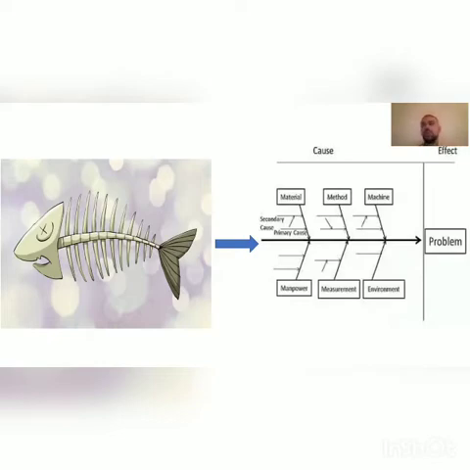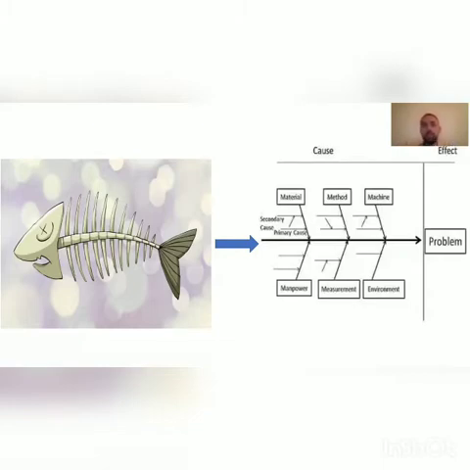We want to know which cause is related to human mistake, which one is related to measurement, which one is related to the method of the production, which one is related to environmental factors, and which one is related to the material. So our intention in this part is just to categorize factors.